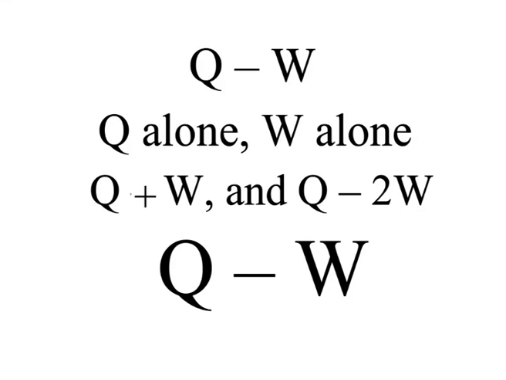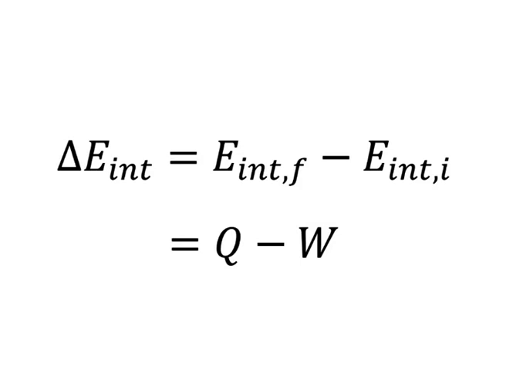We call this property the internal energy, E internal, and we write it as delta E internal is equal to E internal final minus E internal initial, and is equal to Q minus W. This equation is the first law of thermodynamics, that is, the internal energy of a system tends to increase if energy is added as heat and tends to decrease if energy is lost as work done by the system.